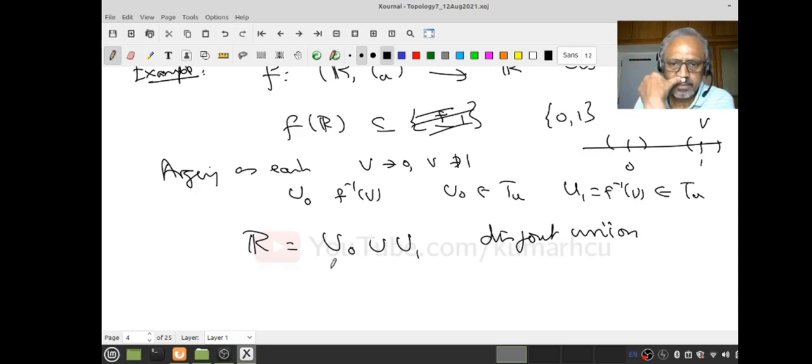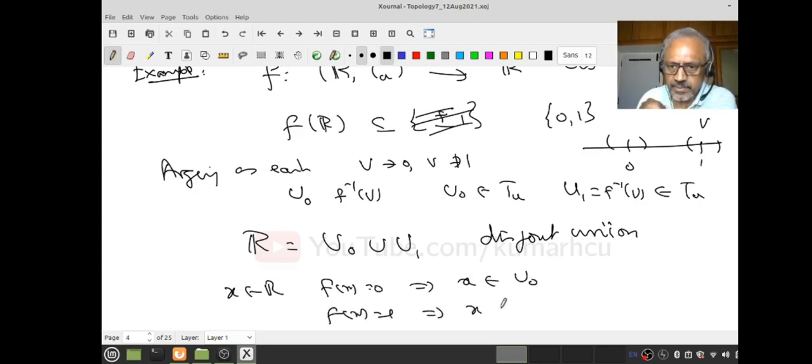Given any x, if f of x is 0, then x is in U0, and if f of x is 1, then x is in U1. And they are disjoint because if there is a common point, then f of x is 0 as well as 1. That is a contradiction because f is a function. Therefore, this is a disjoint union. Make sure that you understand this.